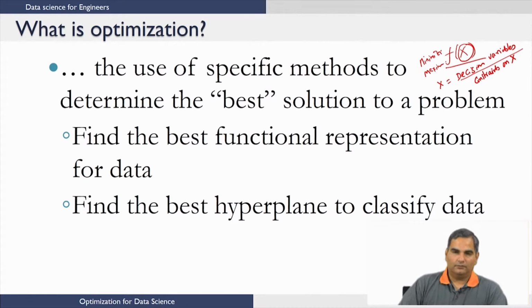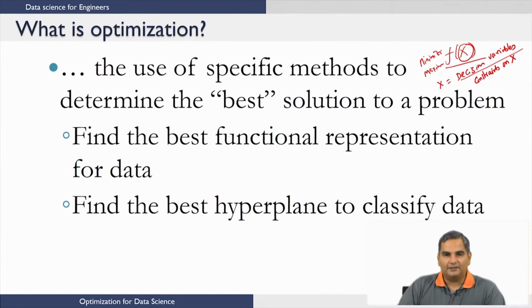Now, why is it that we are interested in optimization in data science? We talked about two different types of problems. One is what is called a function approximation problem, which is what you will see as regression later. In that case, we were looking for functions with minimum error. Remember that.